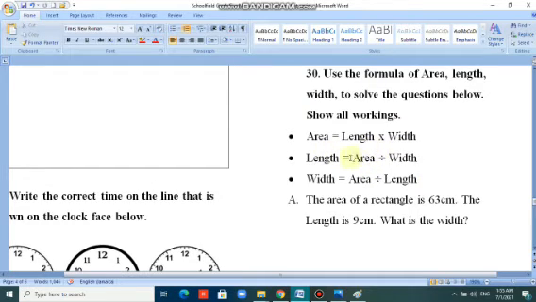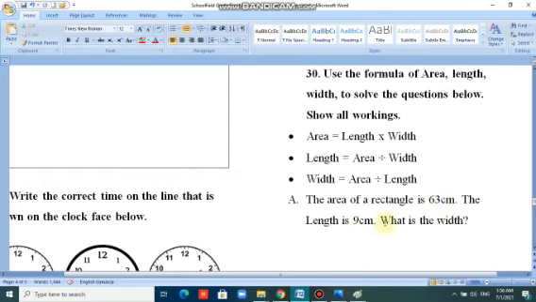The area of a rectangle is 63 centimeter, the length is 9 centimeter. What is the width?